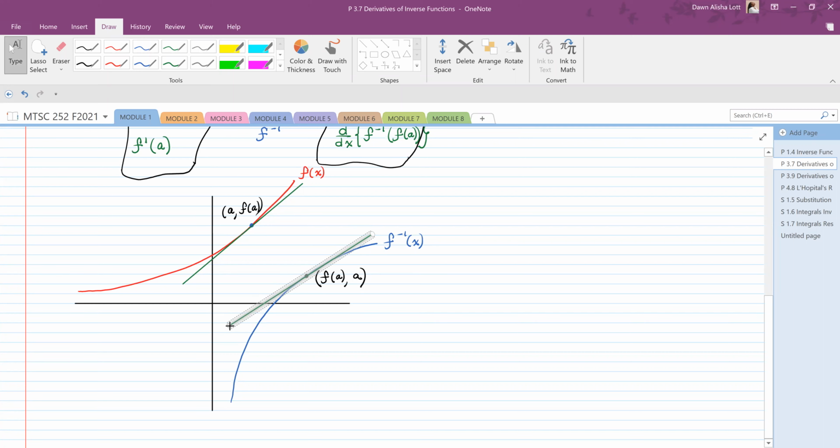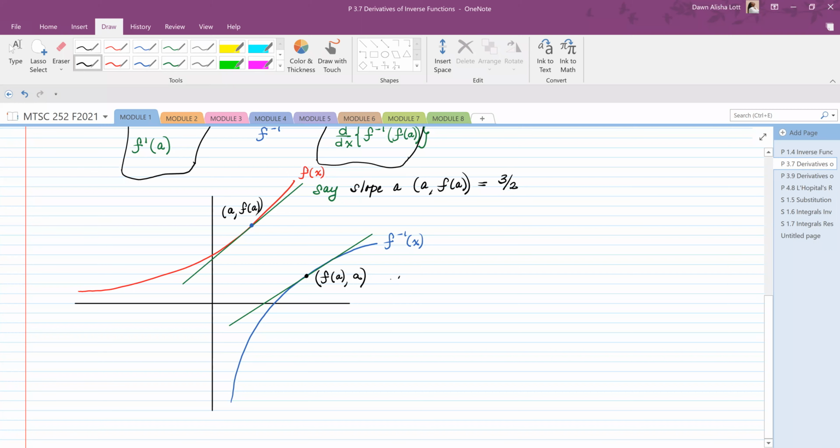Let's say that the slope at the point A, f of A is equal to 3/2.